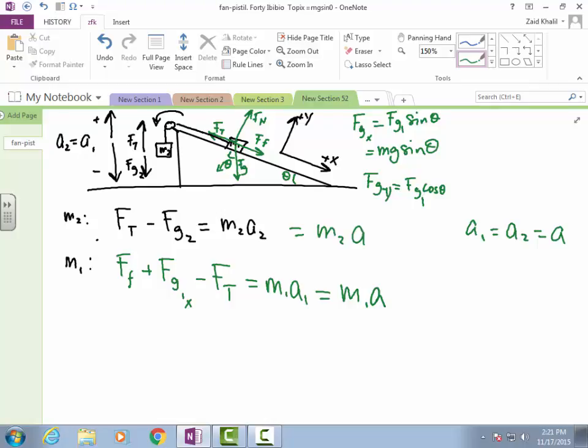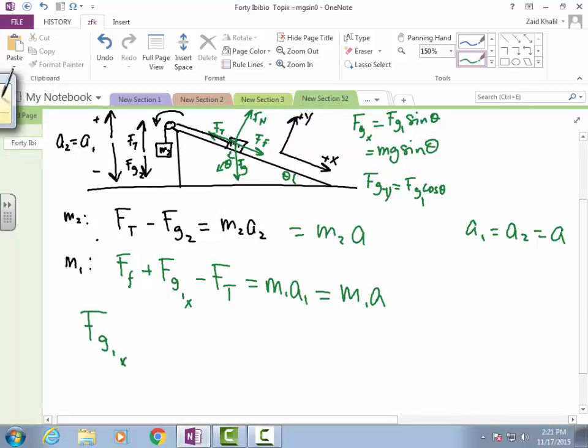The FTs cancel, right? So you're left with Fg1x minus Fg2x, but Fg2 has no x component, plus Ff equals M1 plus M2 times A.